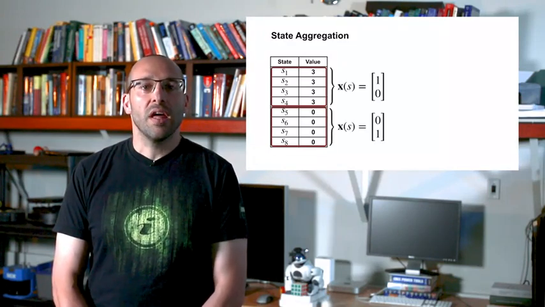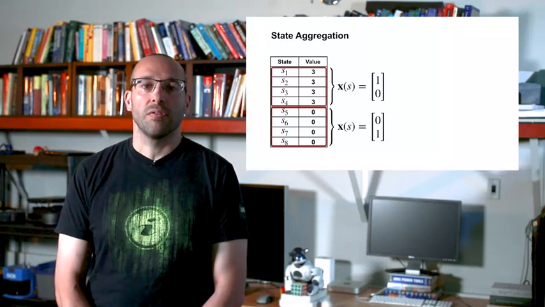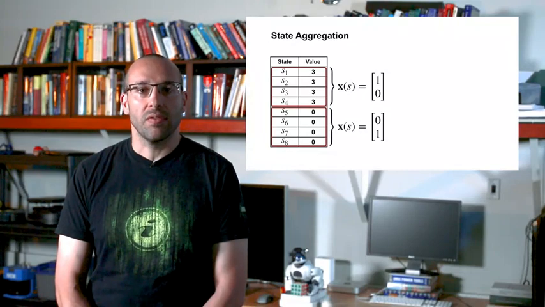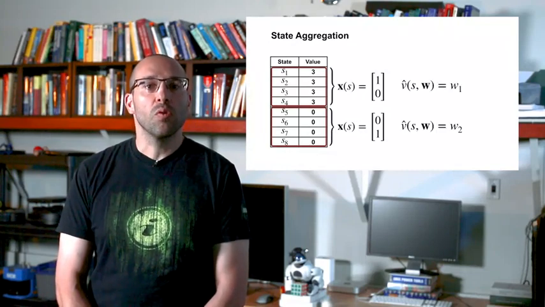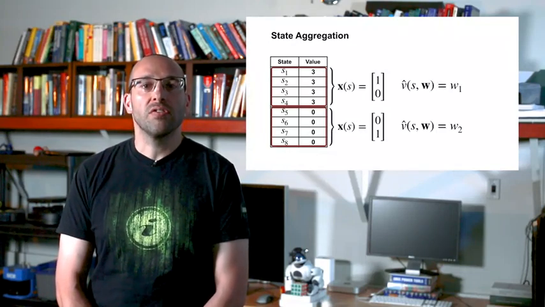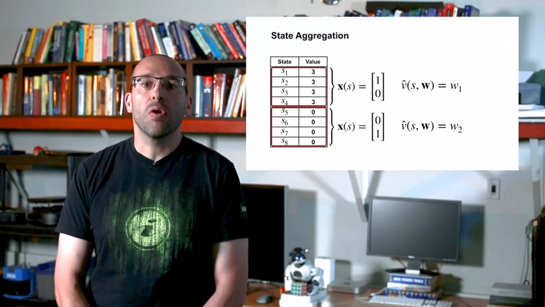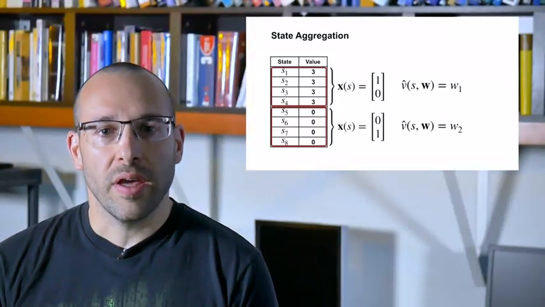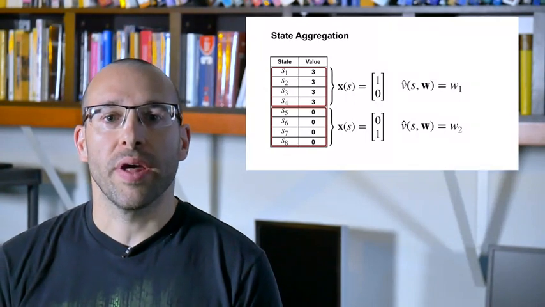State aggregation is another example of linear function approximation. There is one feature for each group of states. Each feature will be 1 if the current state belongs to the associated group, and 0 otherwise. The approximate value of a state is the weight associated with the group that state belongs to.